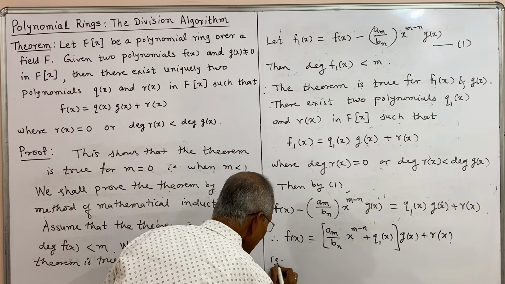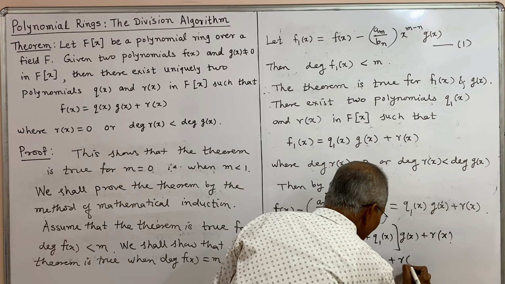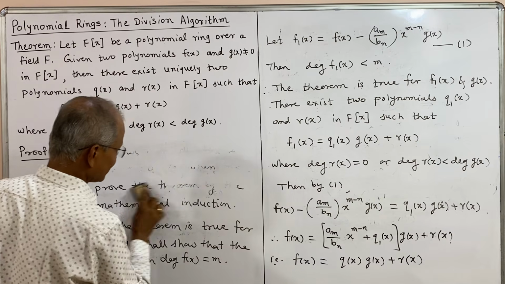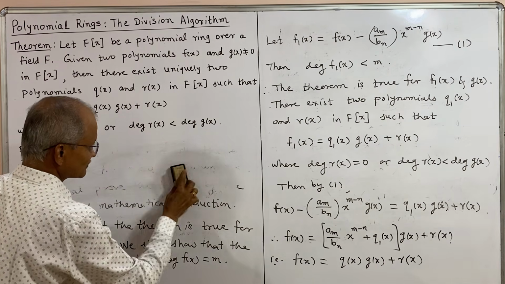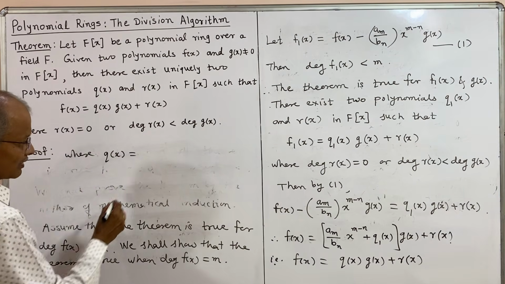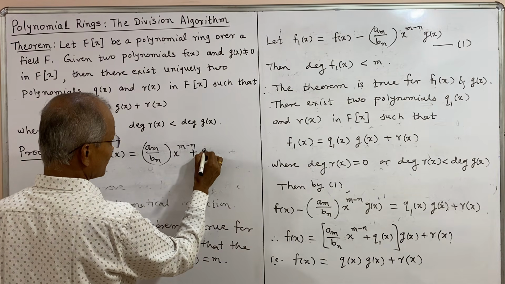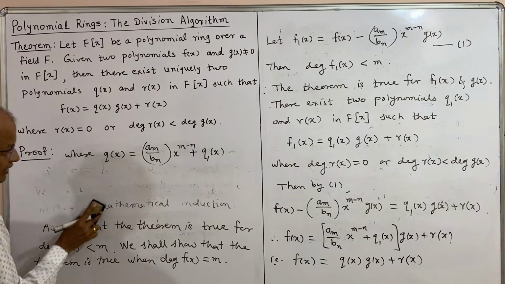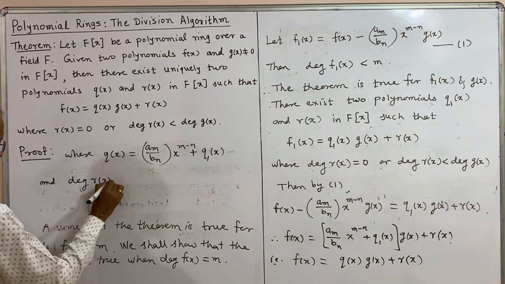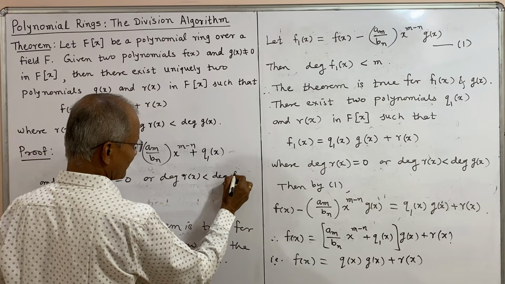So f(x) is equal to q(x) into g(x) plus r(x), where q(x) is am upon bn into x power m minus n plus q1(x), and degree of r(x) is 0, or degree of r(x) is less than degree of g(x).